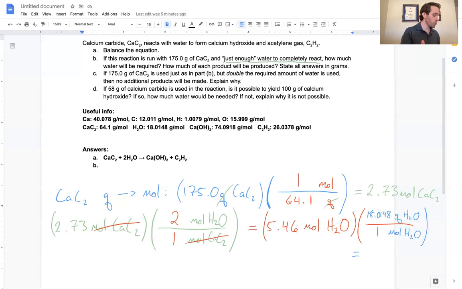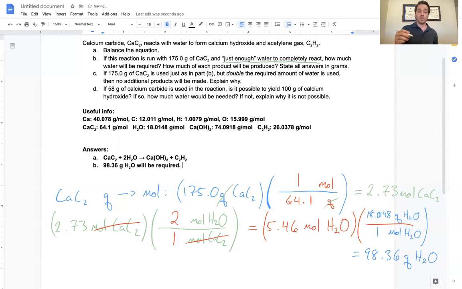That's 98.36 grams of water. Okay, so this says how much water will be required. We've got an answer for that. We've got 98.36 grams of water, H2O, will be required.